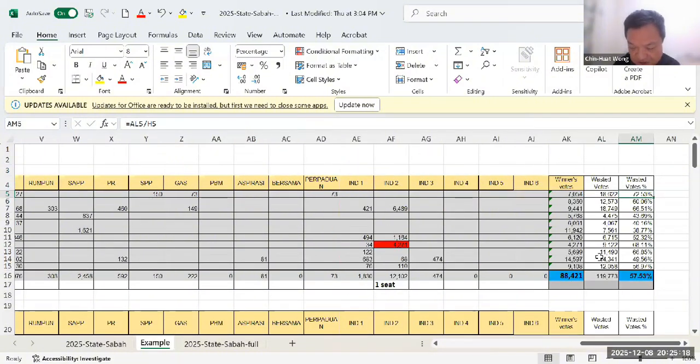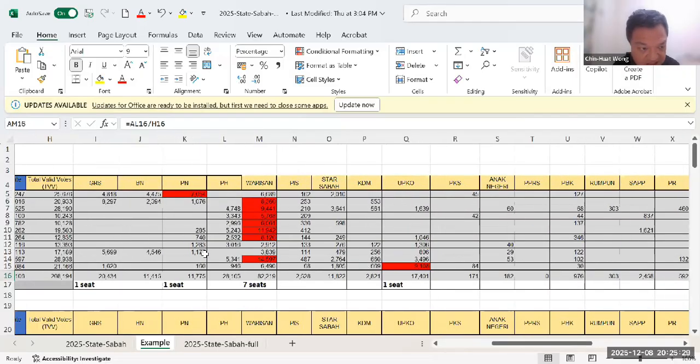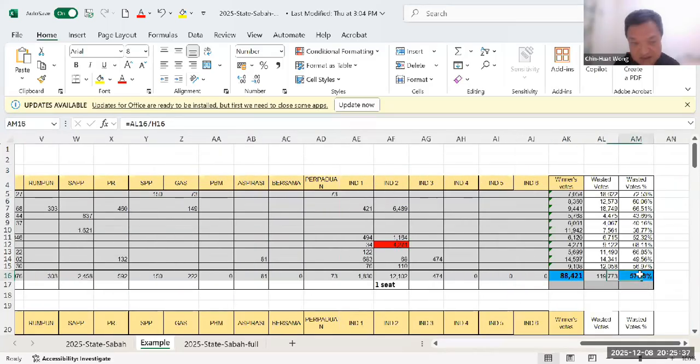These are the percentages. Now you have to accumulate the wasted votes here. Then you divide by what number? Divide by total valid votes, H16. Can you see this? This is how I get it. You need to do all of them for 73.